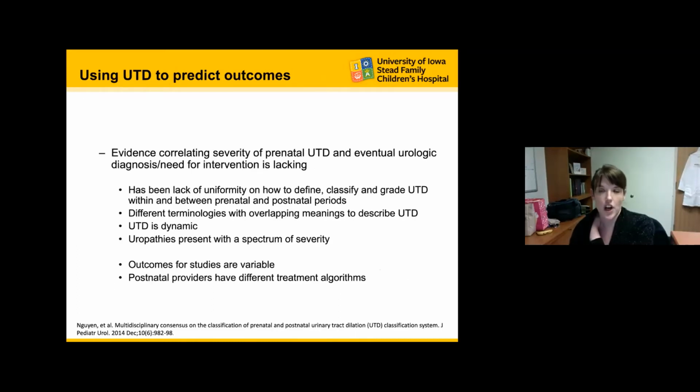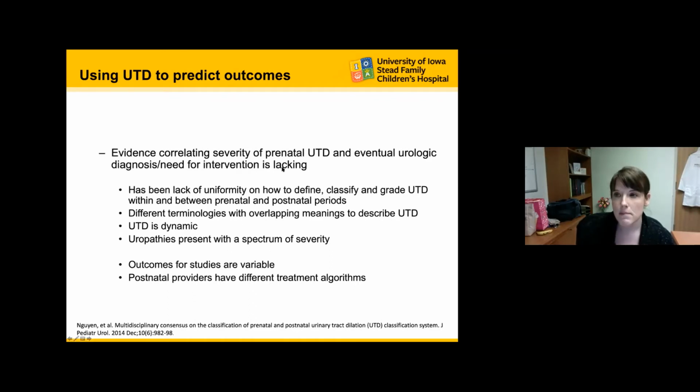Okay, so the problem is, if children are diagnosed with mild versus severe prenatal hydronephrosis, how do we determine which kids going forward are going to eventually have their hydronephrosis resolve if we follow it over time, or who is ultimately going to need antibiotic prophylaxis, who is going to need surgery because they have a UPJ obstruction or posterior urethral valves?